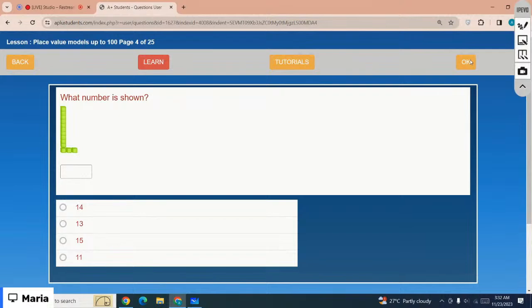You have one ten and three ones. So they make 13. The correct option is, very good, 13. Okay, the next one is what number is shown? Which is the correct option?